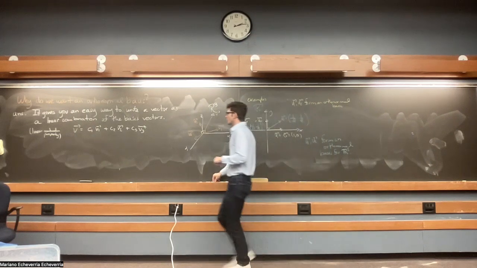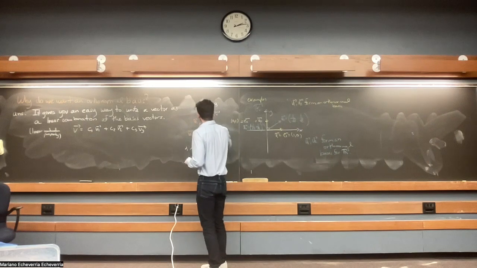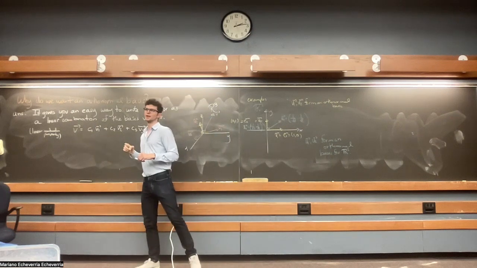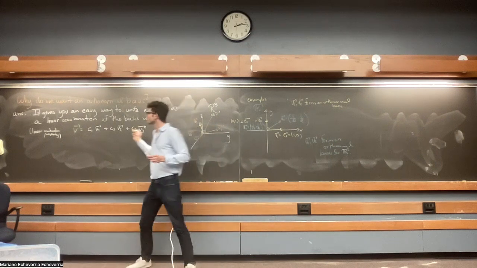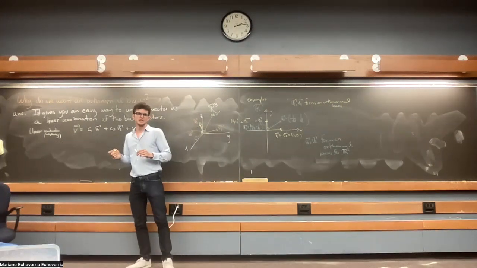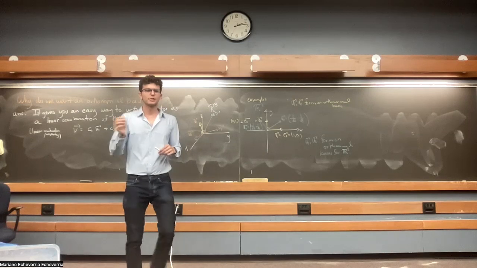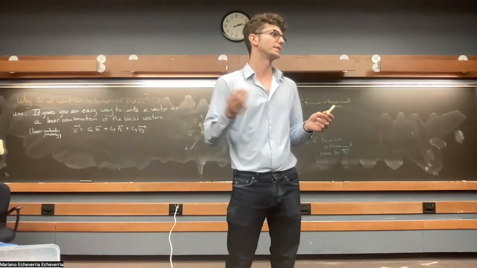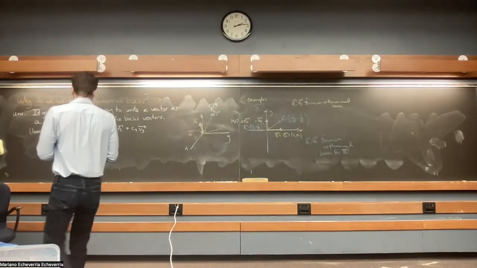Let me single out one of these. Let's say I wanted to find the second constant, C2. This is an equation between vectors, and one of the things you're allowed to do with an equation between vectors is take the dot product with a specific vector on both sides of the equation.